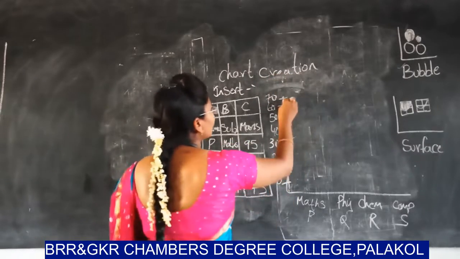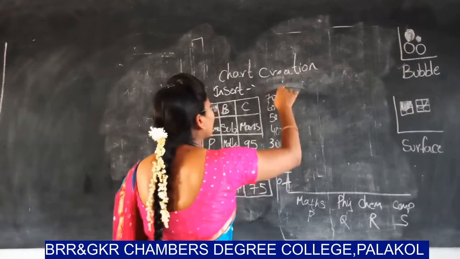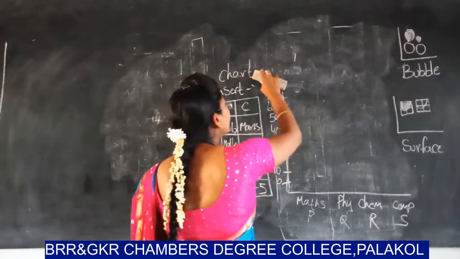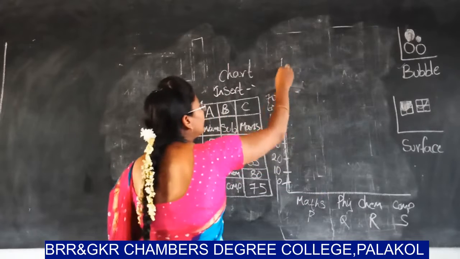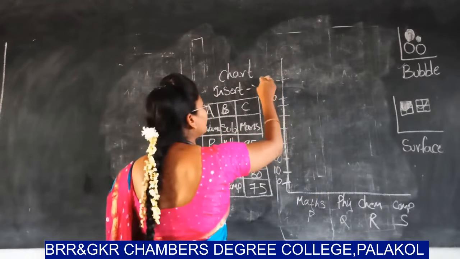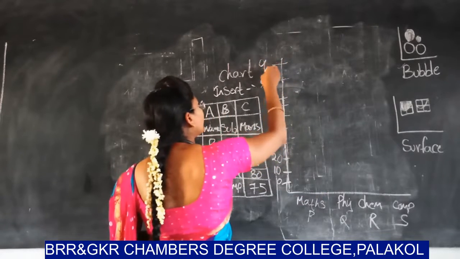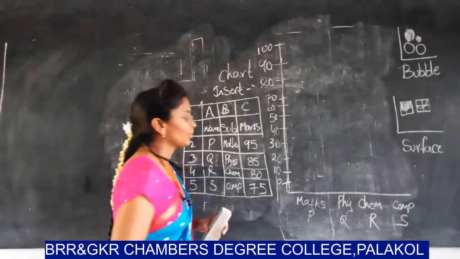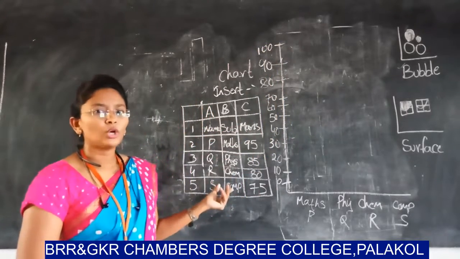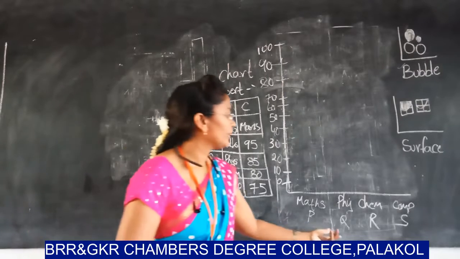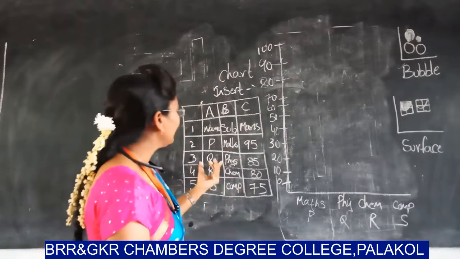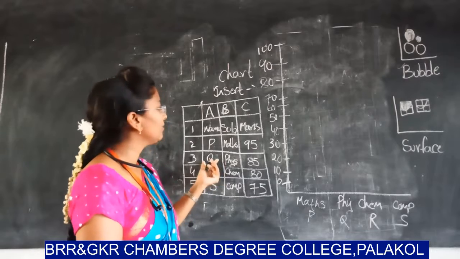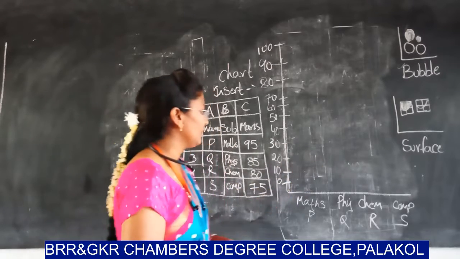Because up to 100 the marks will be displayed on your screen. After clicking on the column chart and clicking the OK button in your dialog box, this Excel sheet data will be turned into charts.